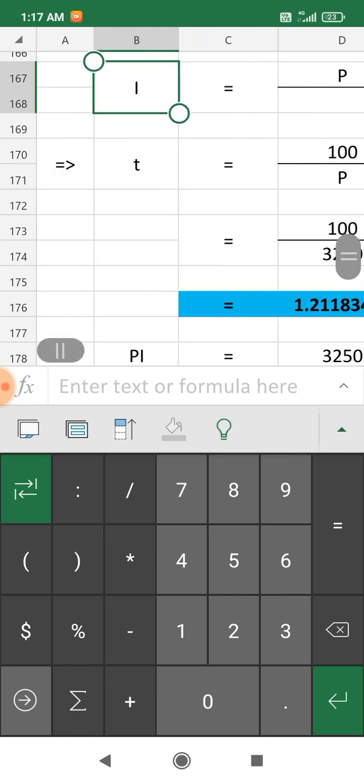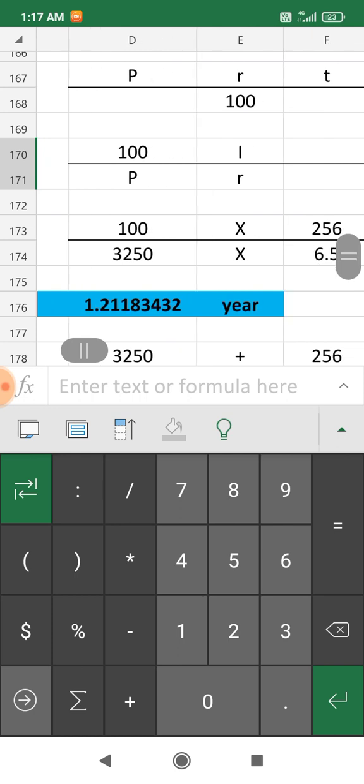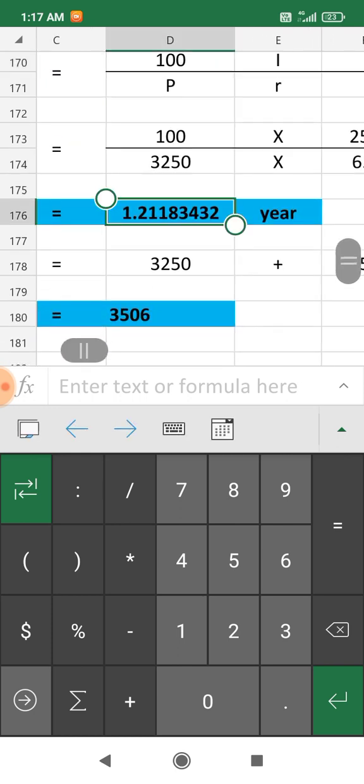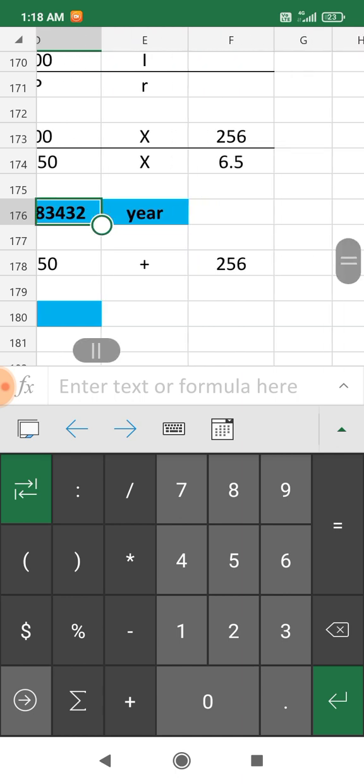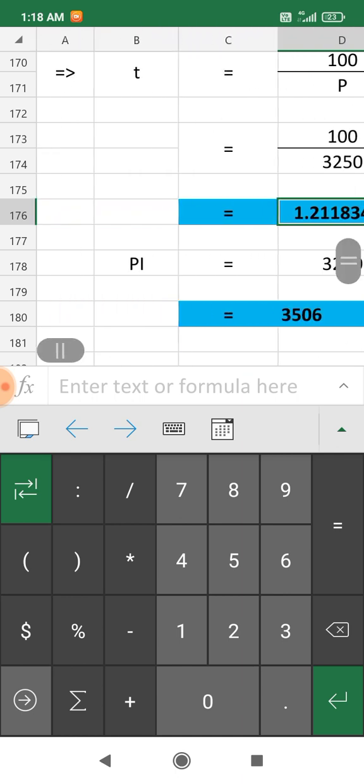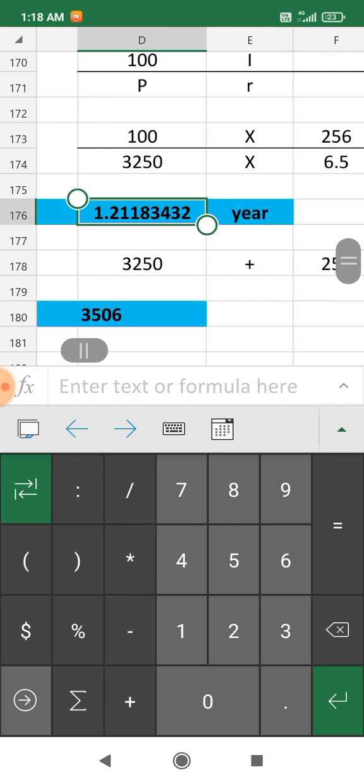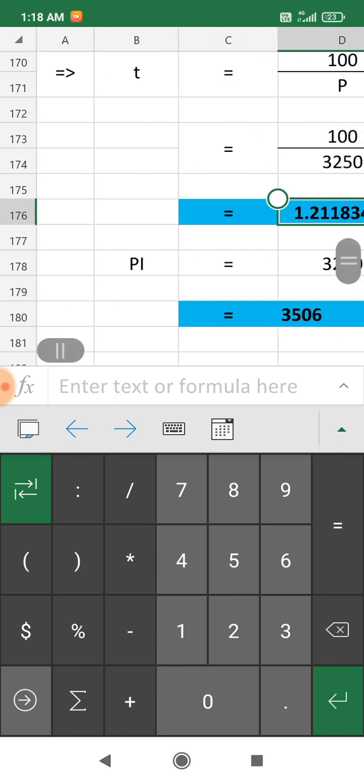In this way, T equals this by this, and we'll get the value 1.21 years. Obviously, you have to multiply this. This is a difficult multiplication, not an easy multiplication and division. You have to do this correctly.